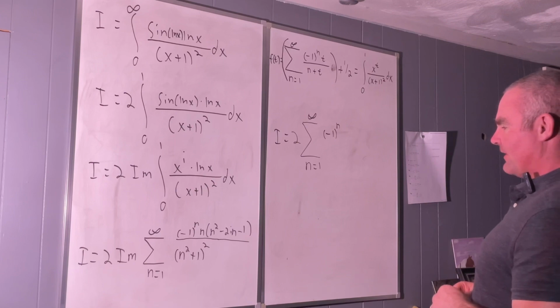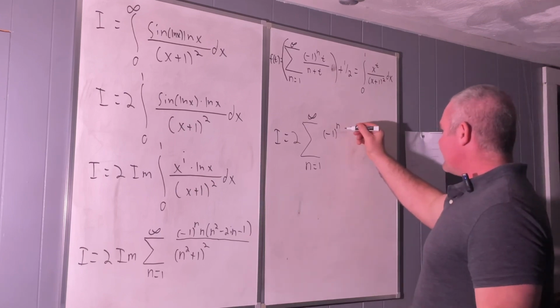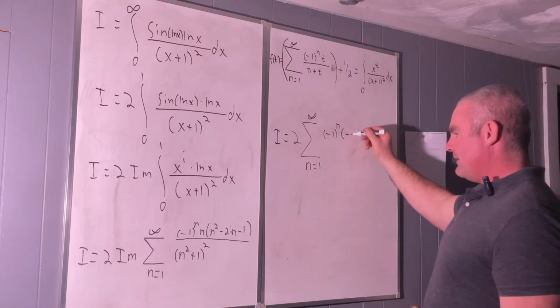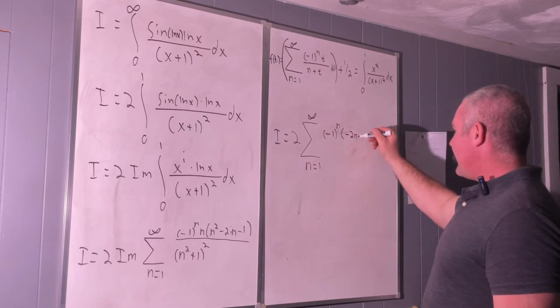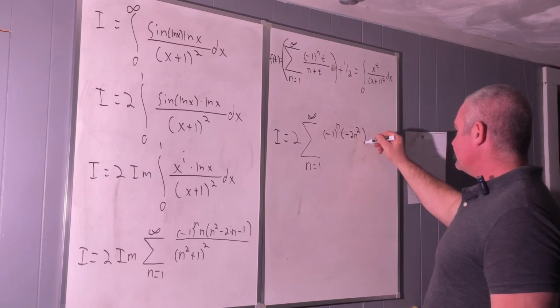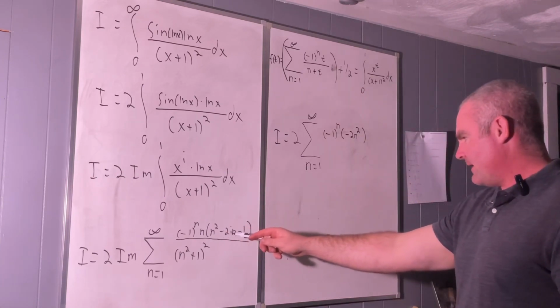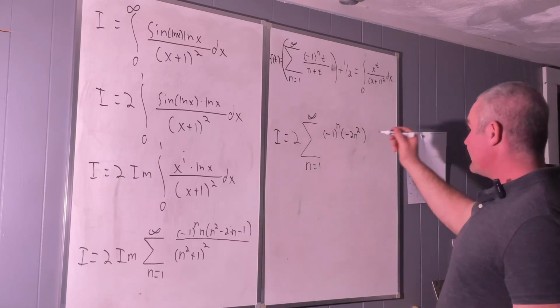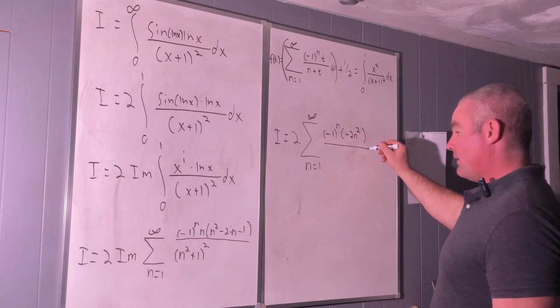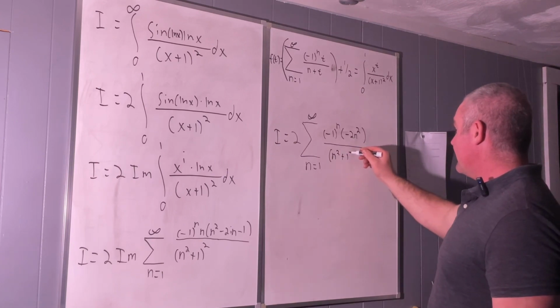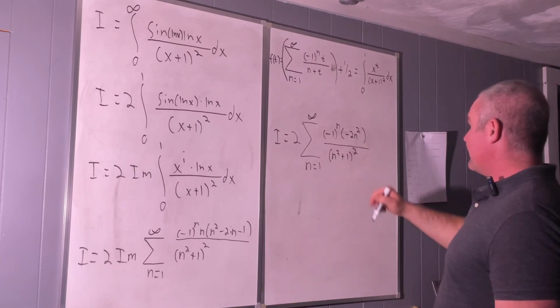Taking the imaginary part of that would give us -2n squared. Bring in that n inside, we get -2n squared over n squared plus 1 all squared.